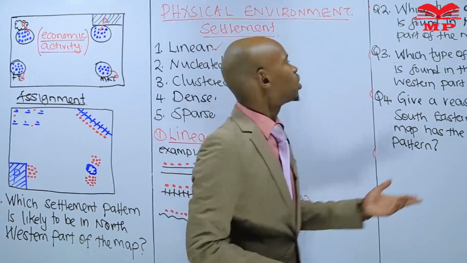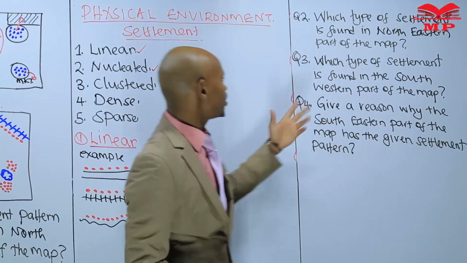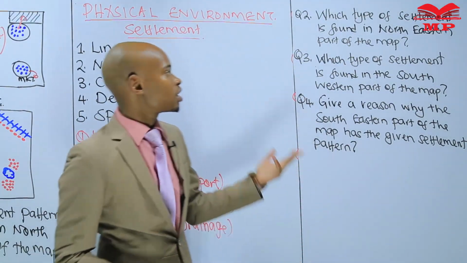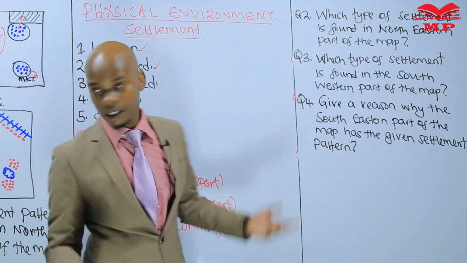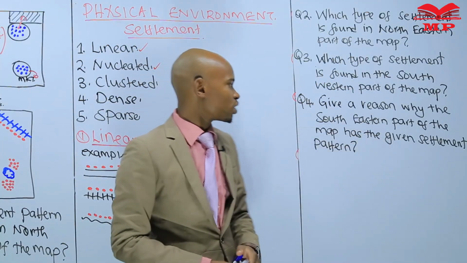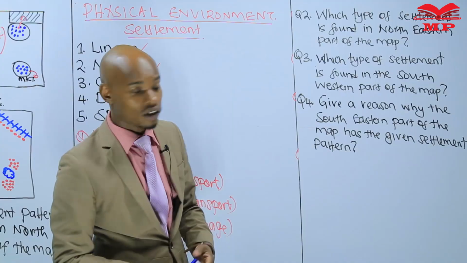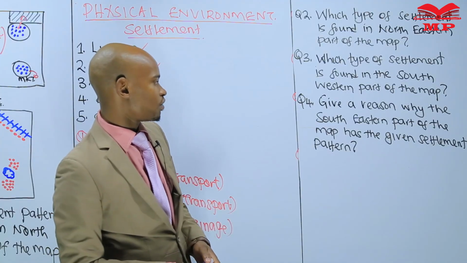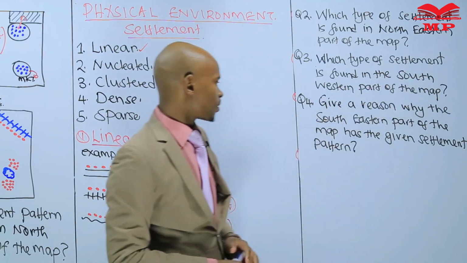Let's go to number 2. Which type of settlement is found in the northeastern part of the map? Again, use the compass so that it can guide you to the northeastern part of this map. And which type of settlement is found in the southwestern part of the map? Again, with the help of cardinal points or a compass, it will be very easy for you to go to the southwestern part of the map.